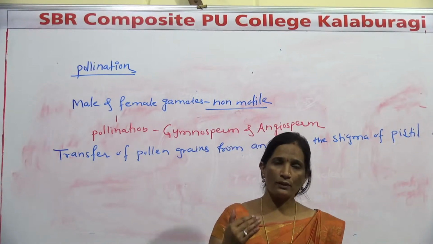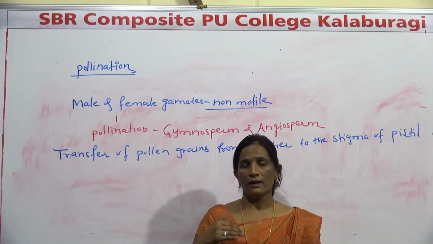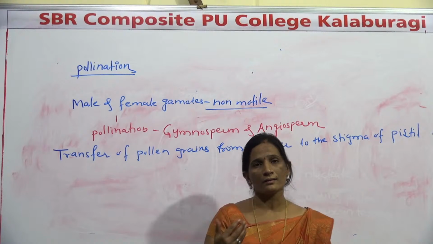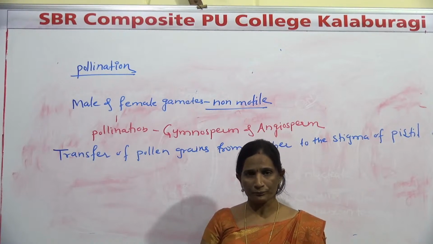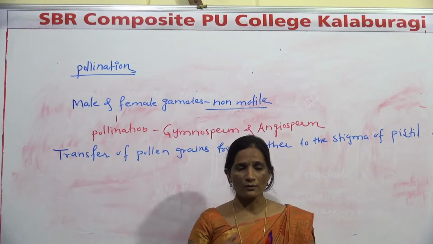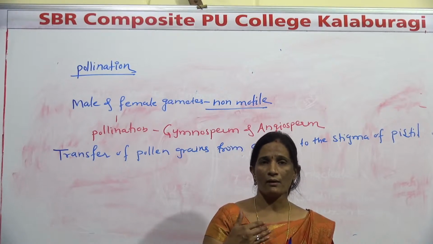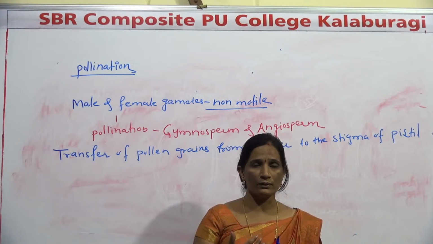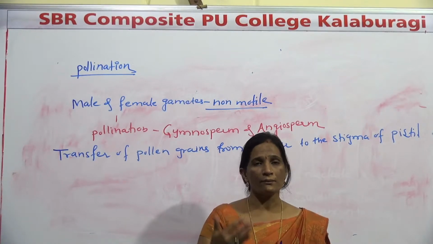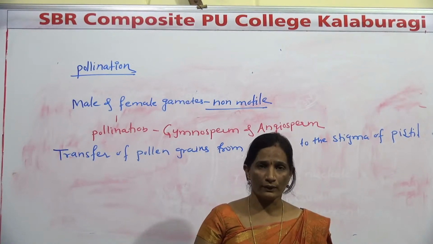The transfer of pollen grains from the anther to the stigma of the pistil is called pollination. Is it clear? Or you can define it like this also: transfer of pollen grains from the anther of a flower to the stigma of the same flower or a different flower is called pollination.